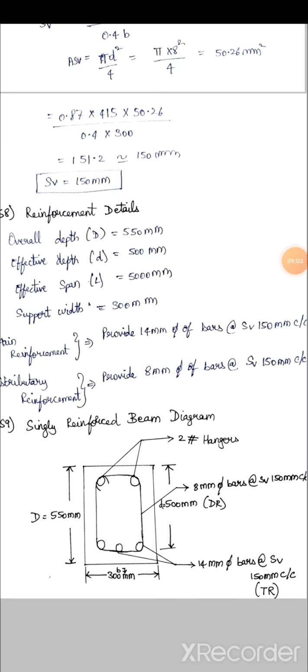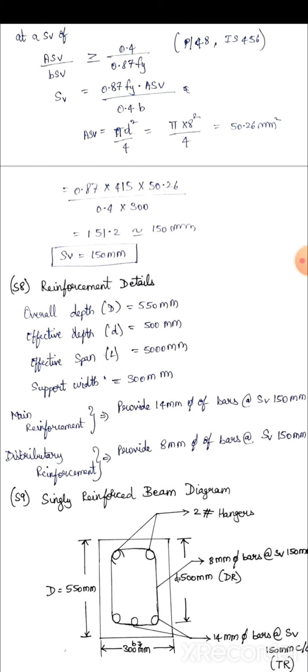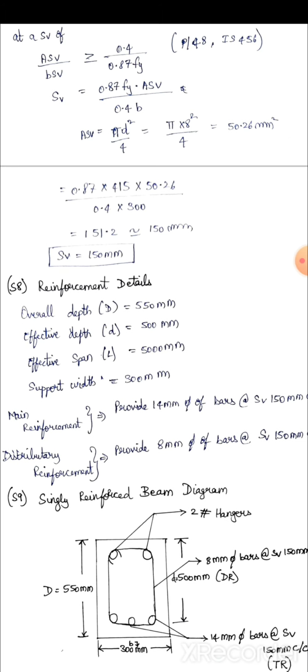Next, the above found answers are written here, presented as reinforcement details. We found overall depth equal to 550 mm. Depth provided is 500 mm. Effective span is 5000.